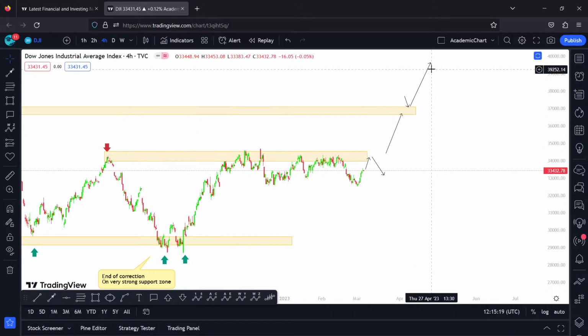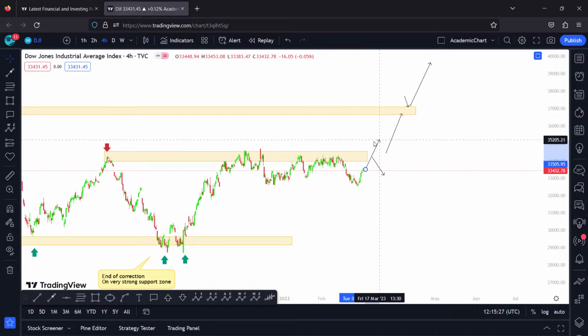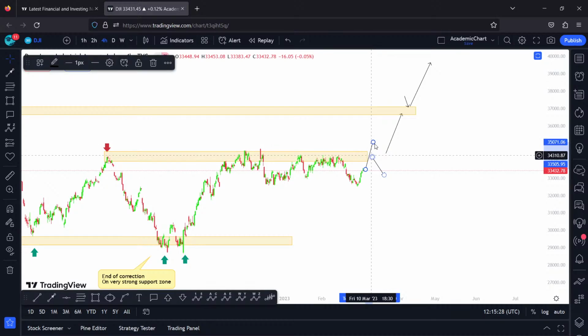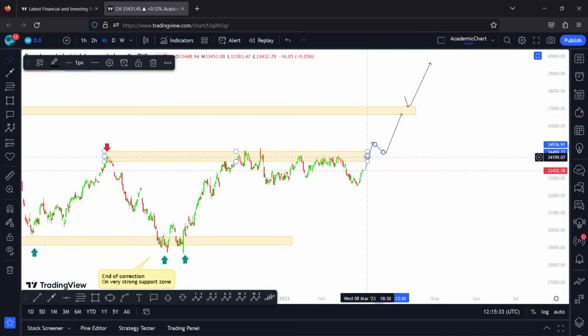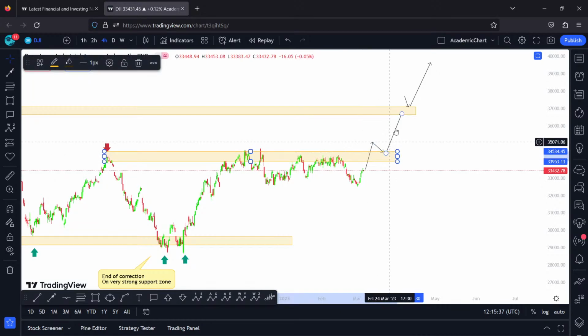But we can talk about these things anytime this level gets broken and retested. We cannot talk about these until we see a breakout to this level and a retest, get the confirmation that yeah, it's broken, and now we can talk about these targets.